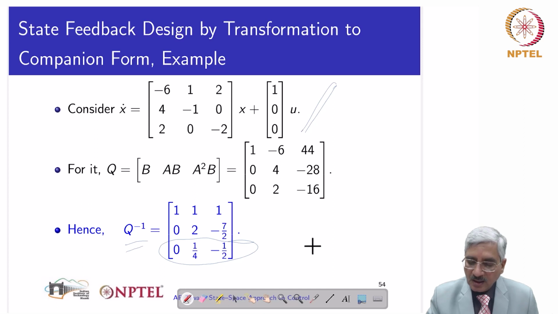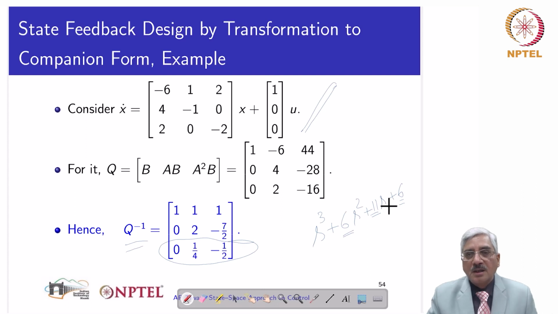We had chosen s cube plus 6s square plus 11s plus 6. Instead of that, you can take something different. Of course, it should have the poles stable, in the left half s plane.